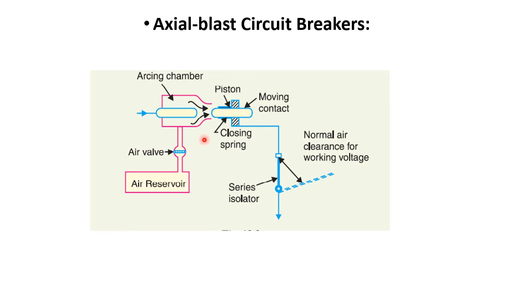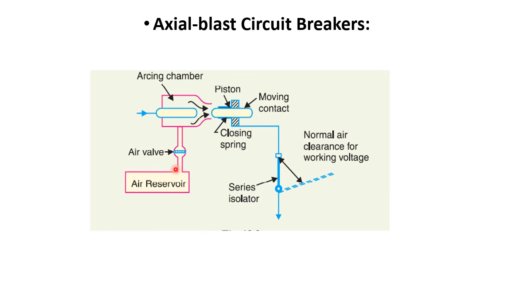The valve remains closed under normal conditions, but opens automatically when a fault occurs on the system. When the fault occurs, the air valve opens, connecting the circuit breaker reservoir to the arcing chamber.